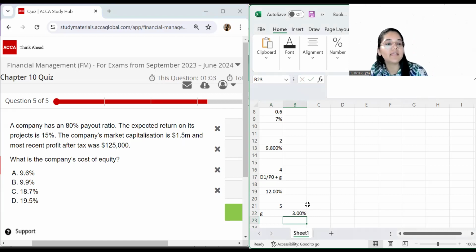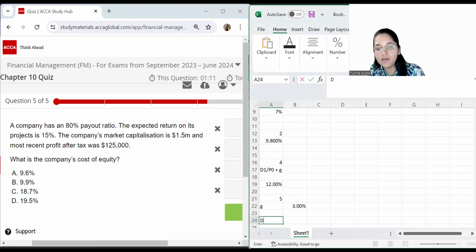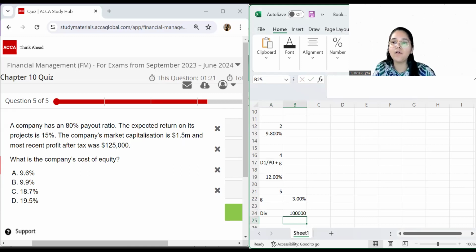So the dividend, basically you can find out using, the tax rate is given and payout ratio is given. Payout is nothing but the dividend that a company is paying. So dividend is equal to 125,000 multiplied by 80%. So 100,000 is what the company is paying as the dividend.